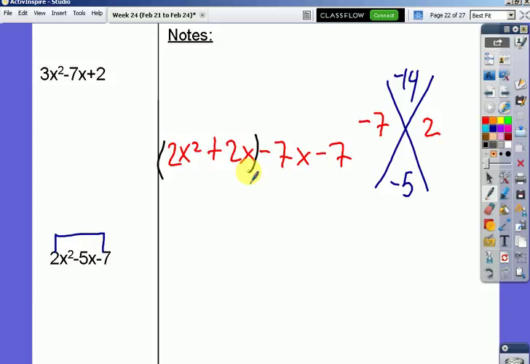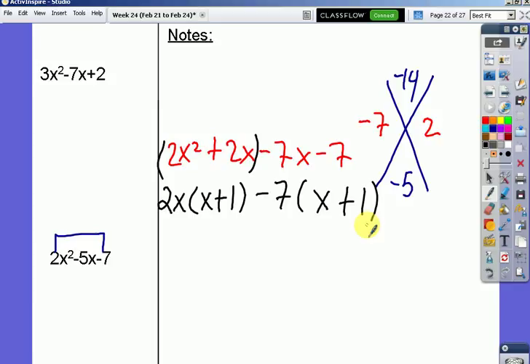Okay. What do you factor out from the first two? 2x. Okay. What are you left with? X plus 1. What do you factor out for the next one? 7. What are you left with? X plus 1, right? -7 times 1 is -7. Yeah? Is that what you got?